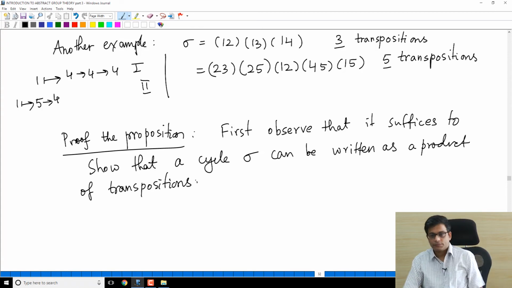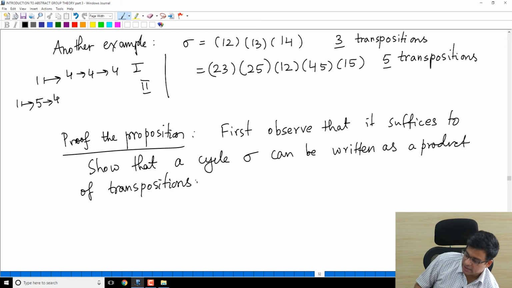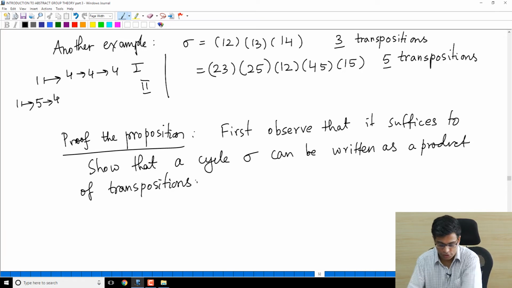Why is this? Suppose I show that a cycle can be written as a product of transpositions. Then why am I able to say that any permutation can be written as a product of transpositions?